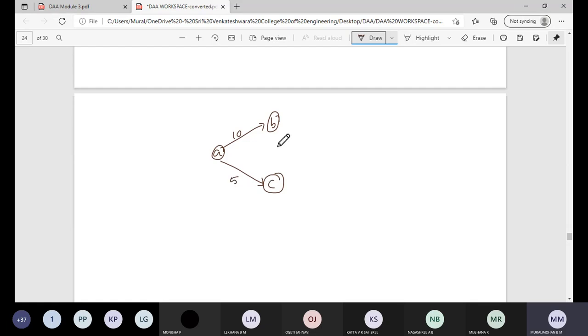Okay, next B to D, there is an edge with a cost of 1, and C to E, there is an edge with a cost of 2. Okay, and C to D, there is an edge with a cost of 9, right? And E to D, there is an edge with a cost of 6.